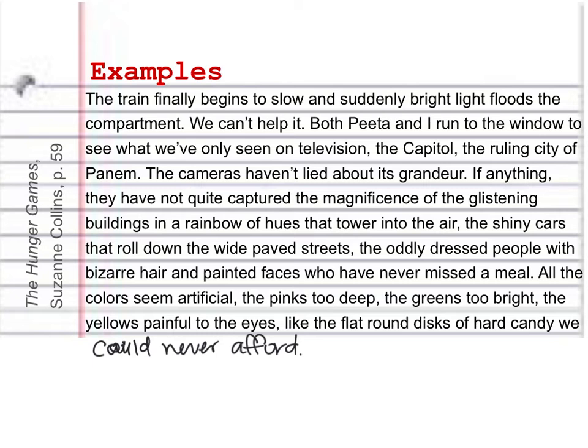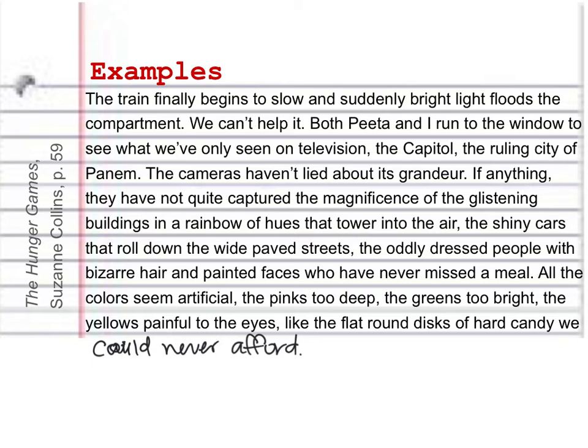The train finally begins to slow, and suddenly bright light floods the compartment. We can't help it. Both Peeta and I run to the window to see what we've only seen on television. The Capitol, the ruling city of Panem. The cameras haven't lied about its grandeur.